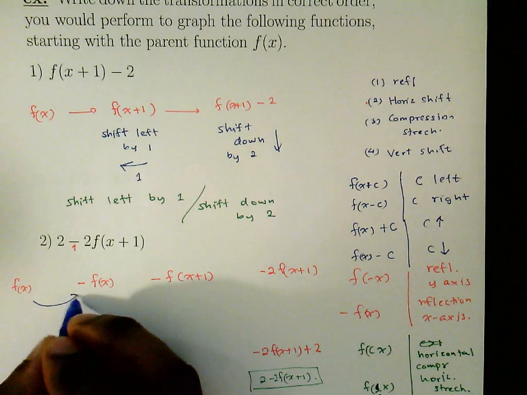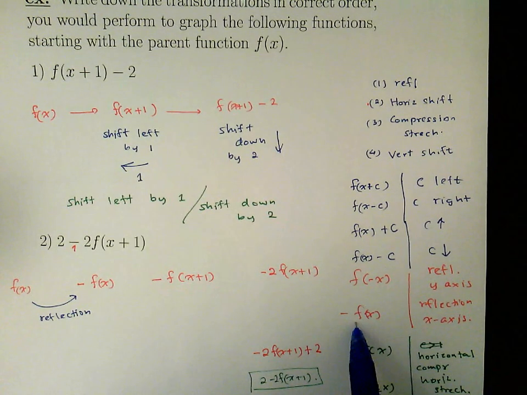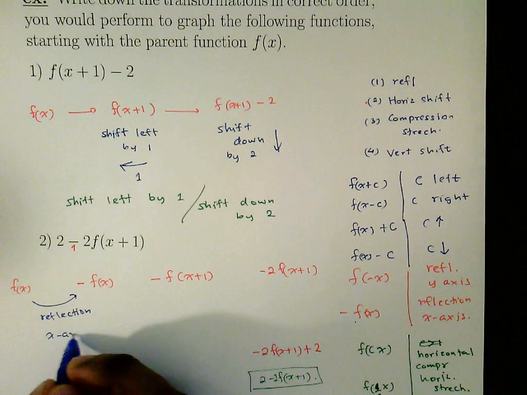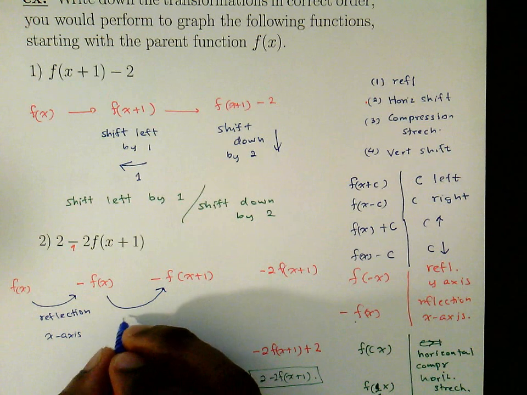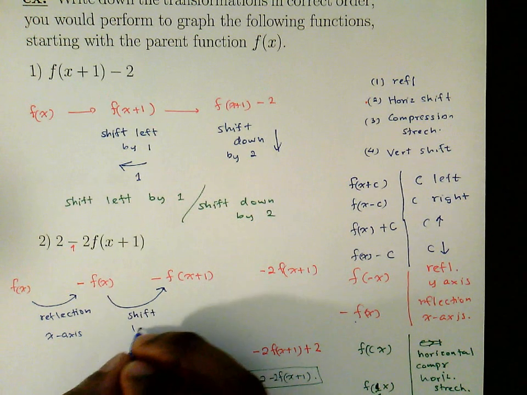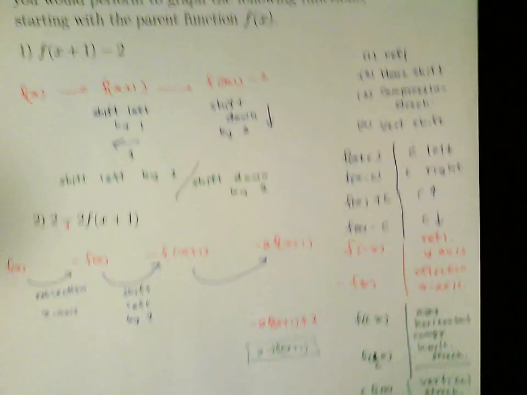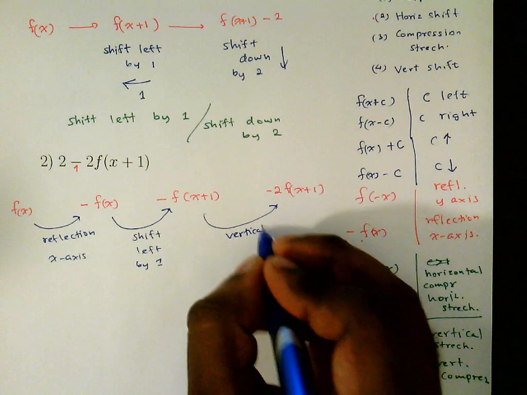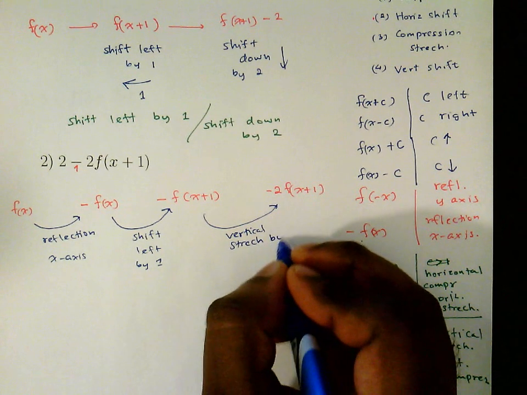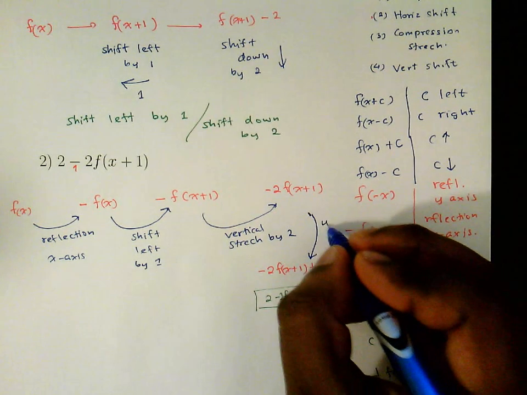So let us do the set of transformations. Now this is reflection with respect to x-axis. Okay, and then plus 1, that's a shift left by 1, and then multiply by 2, that would be a vertical stretch by 2. And lastly, this is up 2.